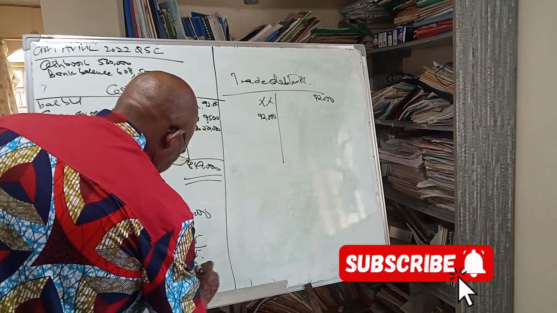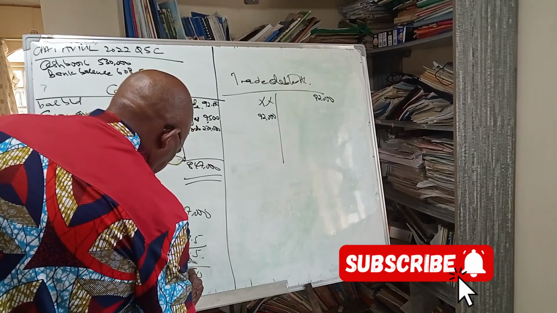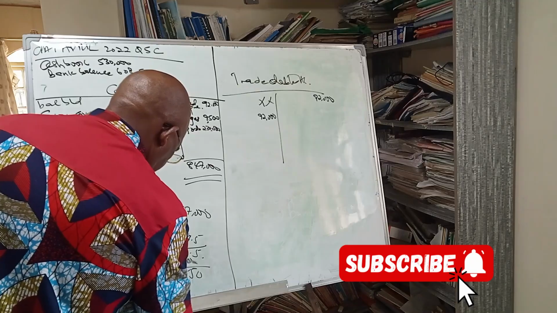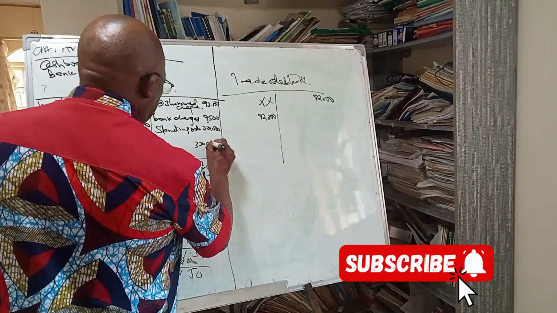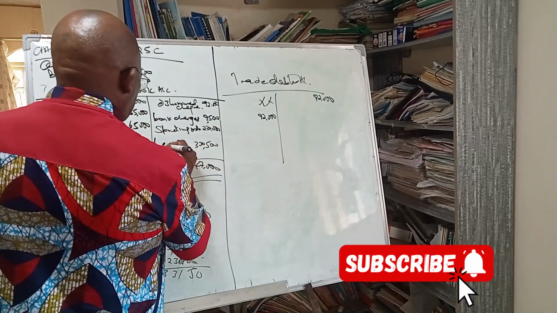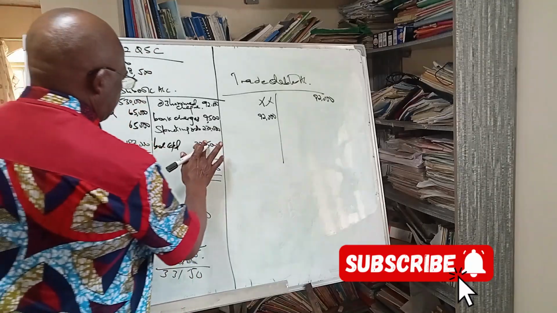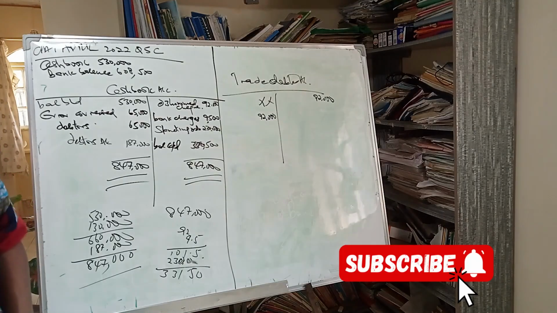We get 0.5, 1, 3, 3. 330,500. So balance carry down.